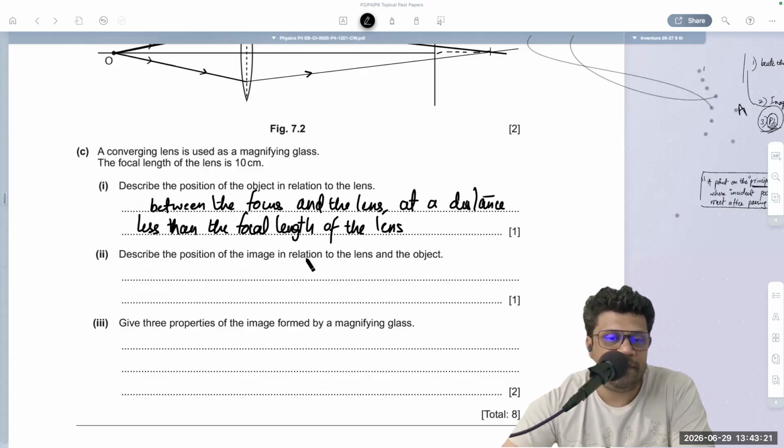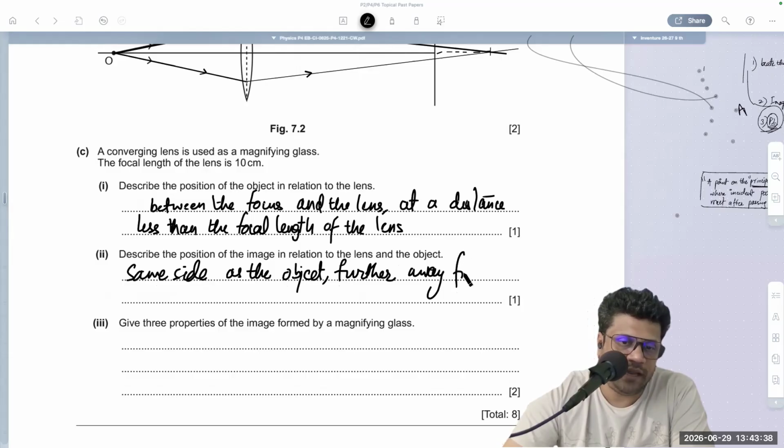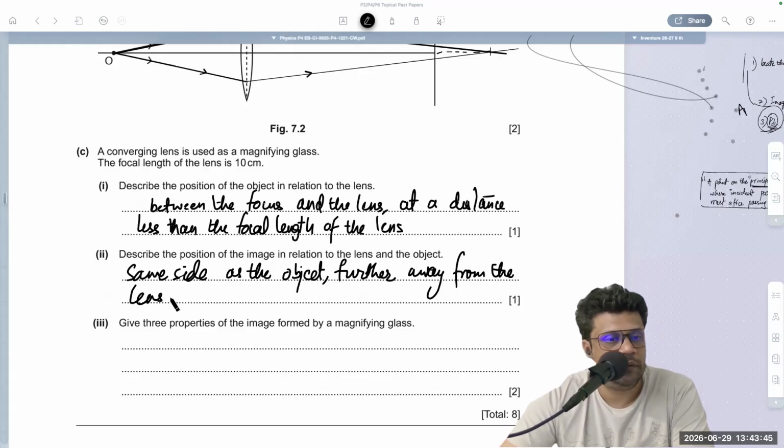Describe the position of the image in relation to the lens and the object. It is on the same side as the object, and it should be further away from the lens compared to the object.